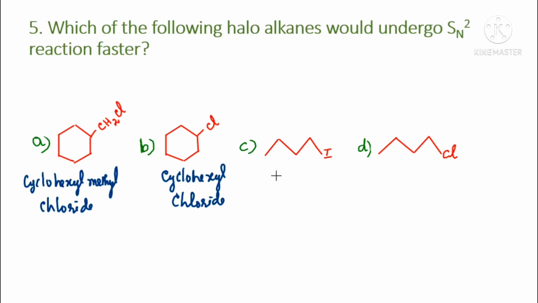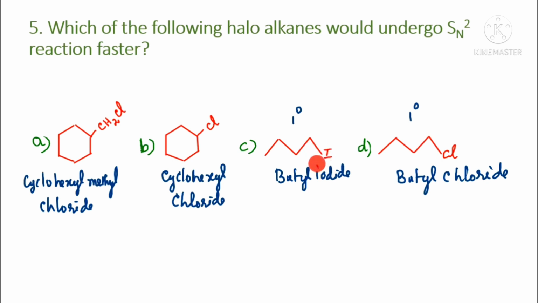And this is butyl chloride. So butyl iodide. And this is butyl chloride. Okay, now you are asked to find out which will undergo the SN2 reaction very fast. Here also we should take into account the leaving group.